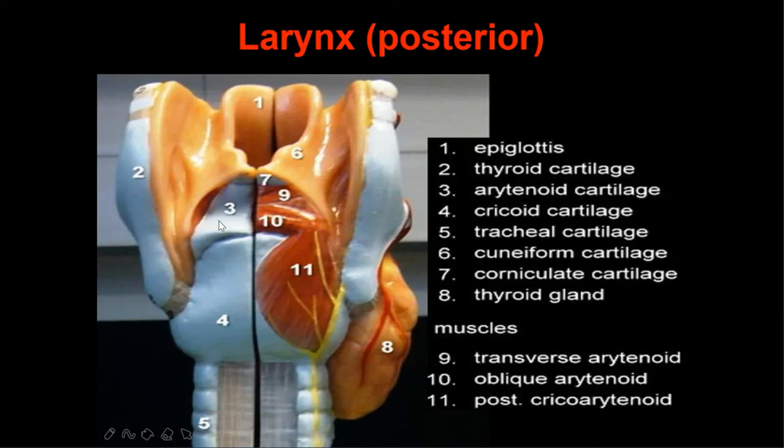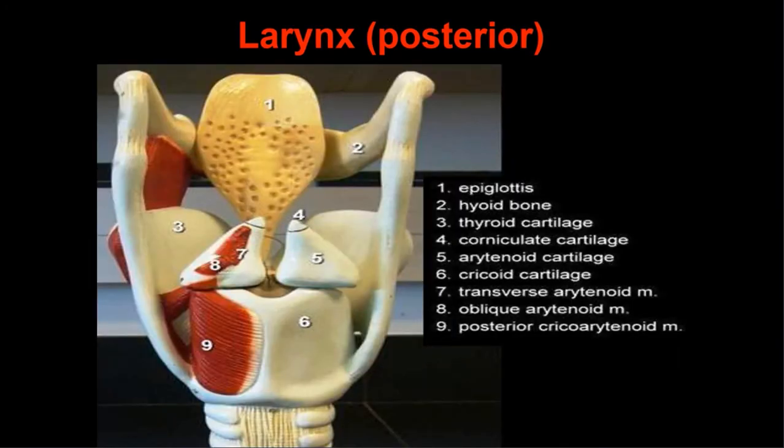This is the arytenoid cartilage, and the cricoid cartilage. And this is the thyroid gland, and the transverse arytenoid muscle, oblique arytenoid muscle, and the posterior cricoarytenoid muscles. All this I'll explain in detail. This is just an outline.